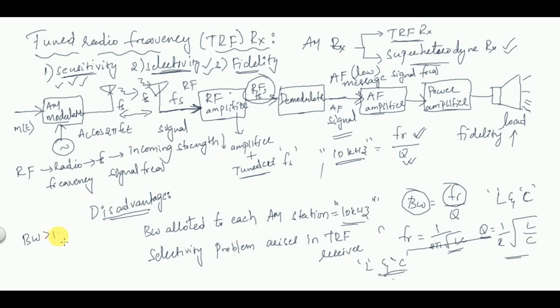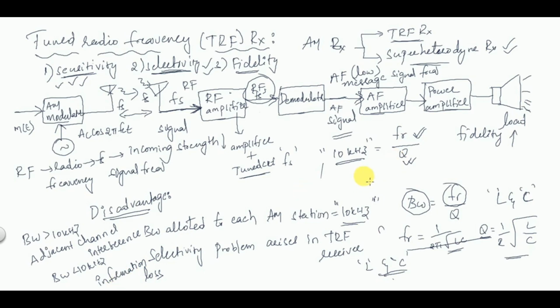Okay, so due to this, if you select a bandwidth greater than 10 kilohertz, then adjacent channel interference occurs. Okay, so it will interfere with adjacent signals, right? When the bandwidth is less than 10 kilohertz, then information loss occurs.